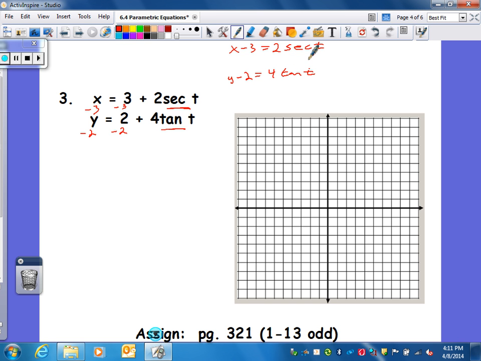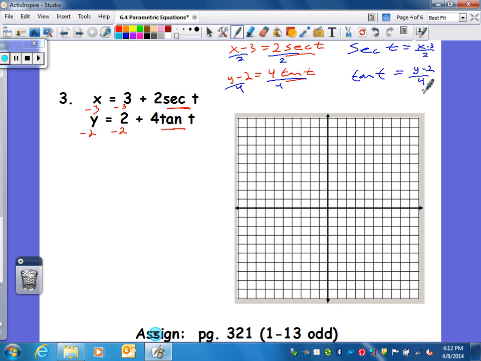I'm going to get these by themselves, so my next step is to divide the 4 out and the 2. Secant t is equal to (x minus 3) over 2, and tangent t is equal to (y minus 2) over 4.